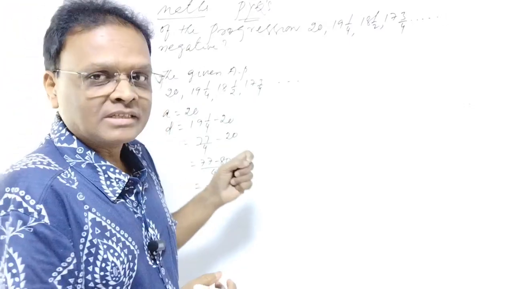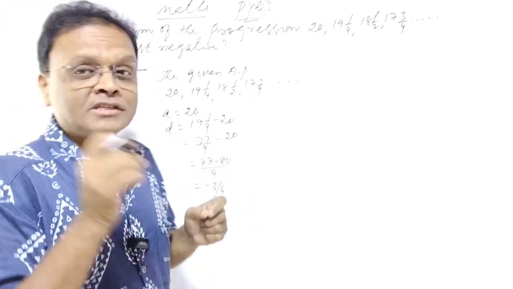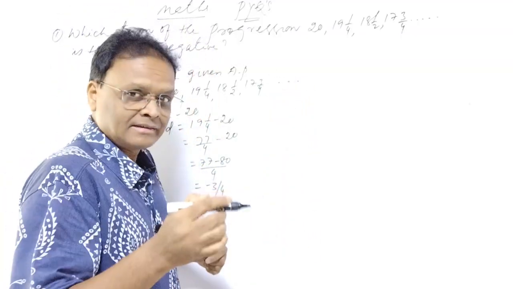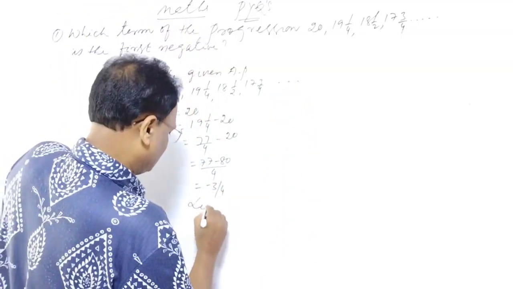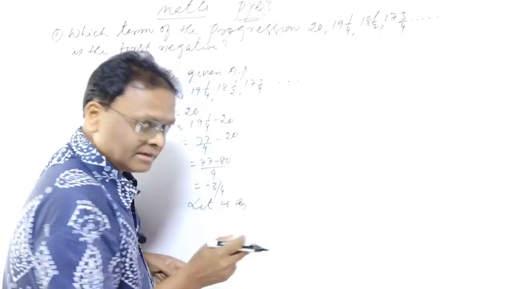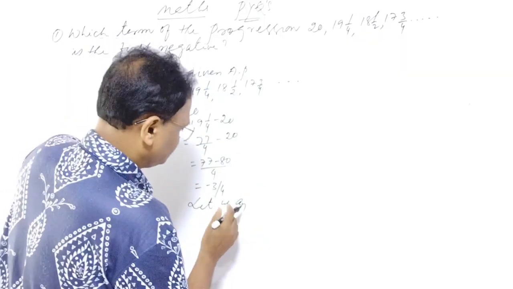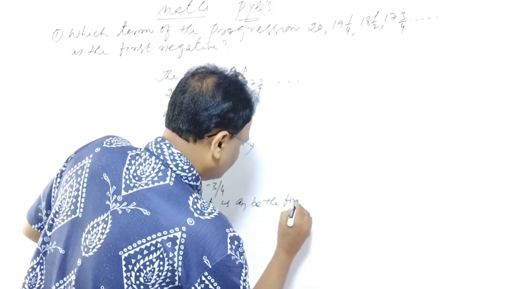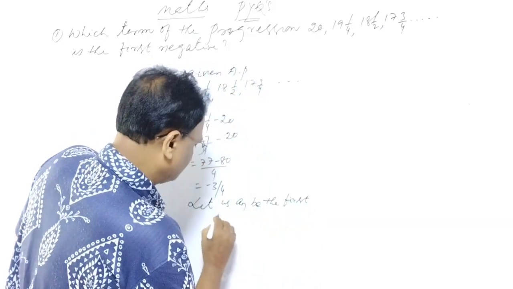Now, I have to decide which term is the first negative. Let me take a_n to be the first negative.